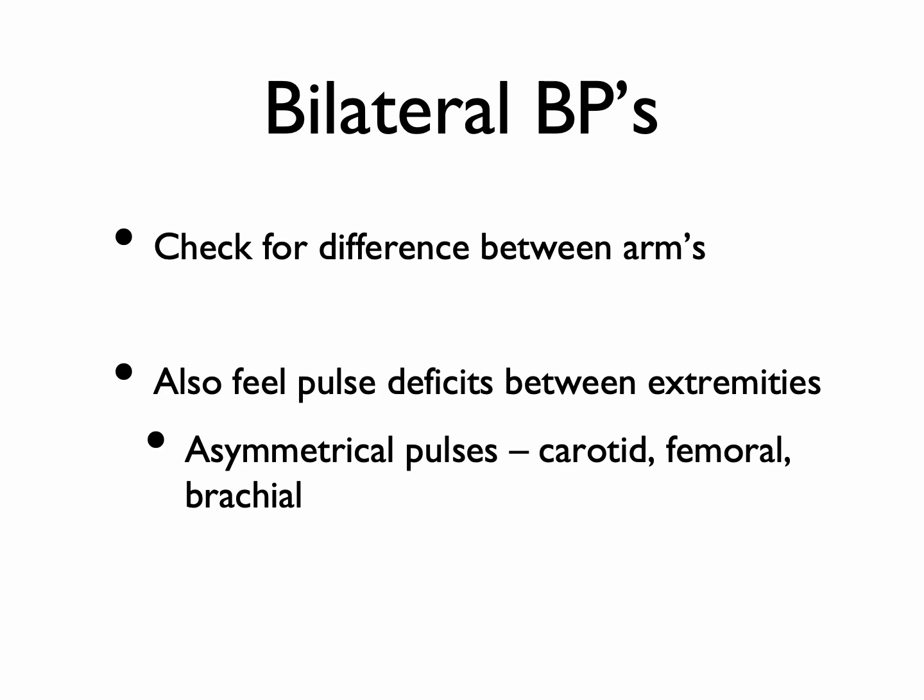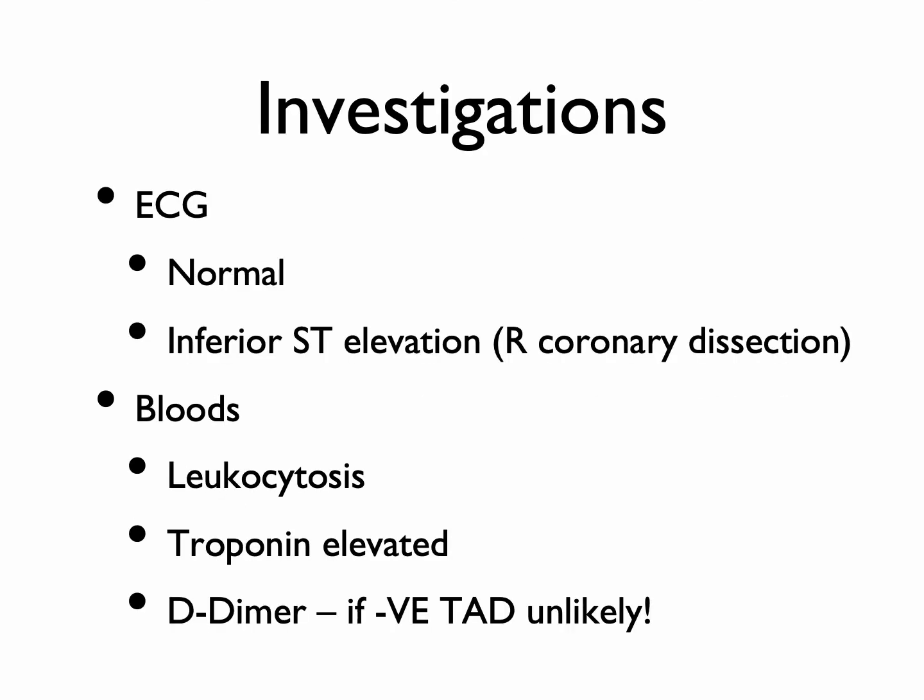So it's not a great test, but certainly if there is a big deficit, then we should think about aortic dissection. Another thing to feel for is pulse deficits between extremities. So feeling for the carotid and the femoral pulses at the same time and noticing a difference in intensity can also be a clue that this patient may have aortic dissection.